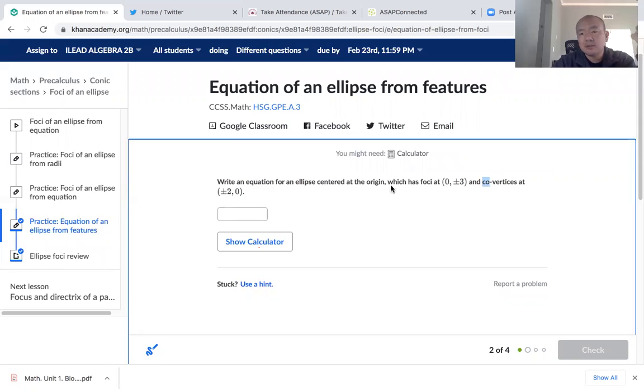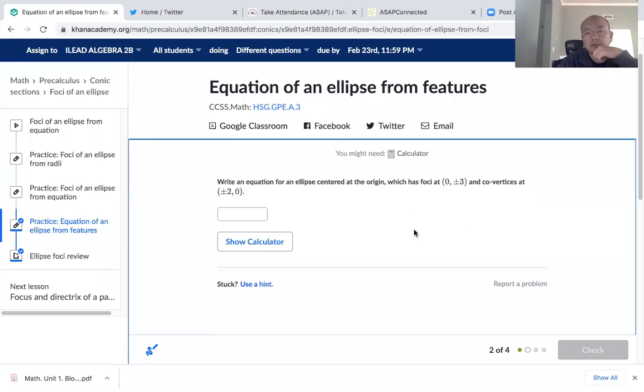So in this case, since the foci are on the y-axis, the major axis is going to be an ellipse that's kind of more vertical, right? Okay, and so let's graph this a little bit, and then hopefully you will be able to get this.